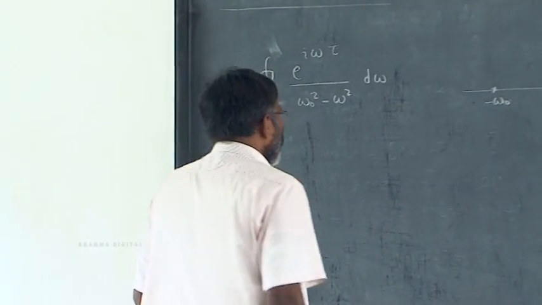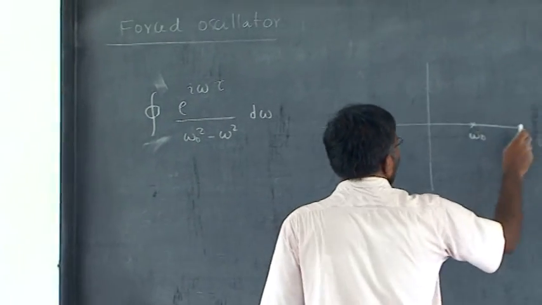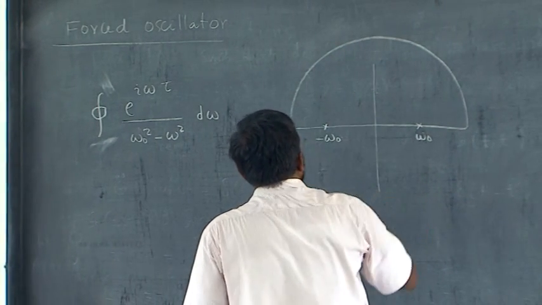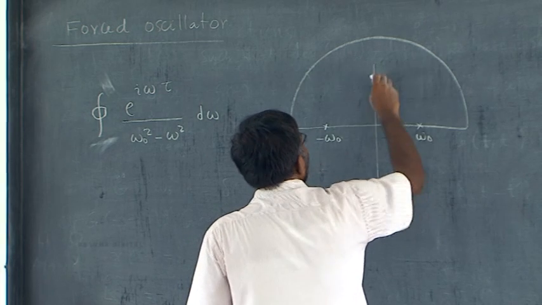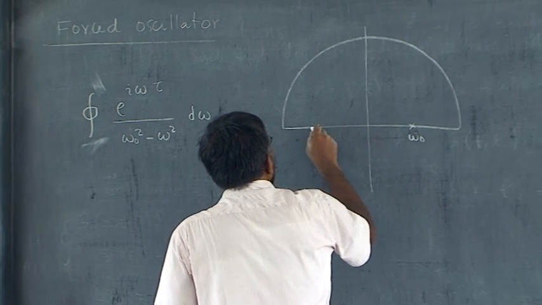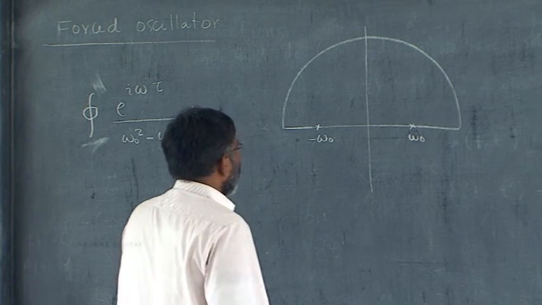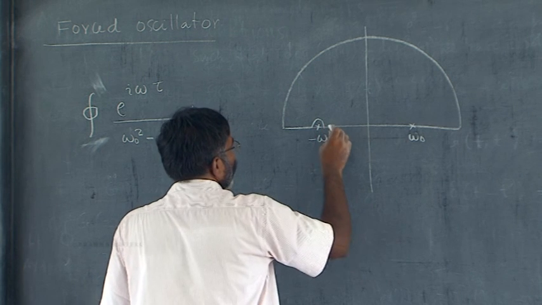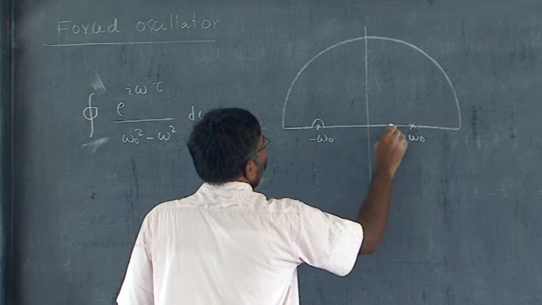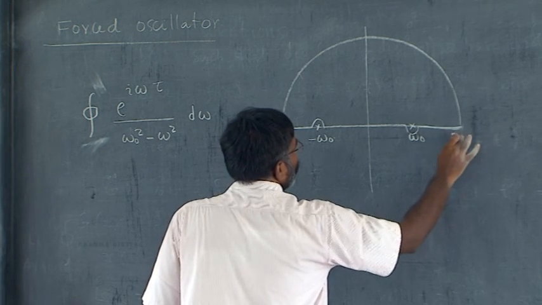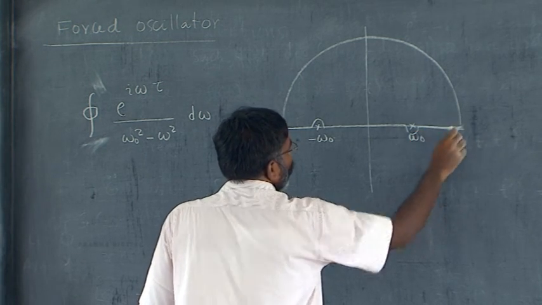So when I take a contour like this, what I have to do is come here, go around this, and then come here and go around, to solve this integral.